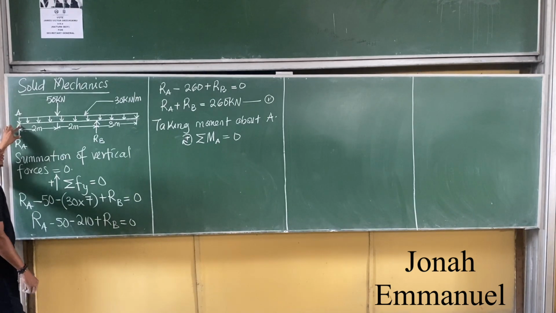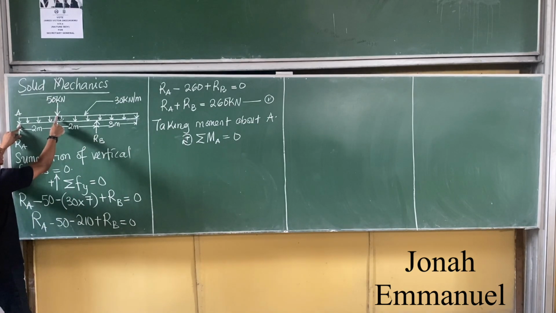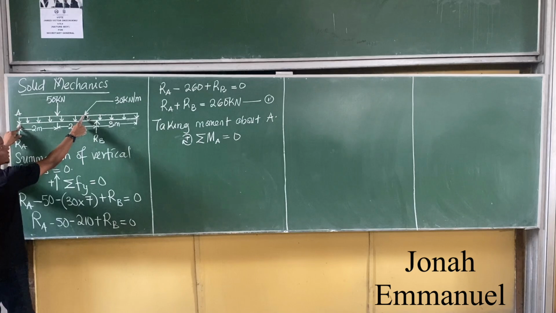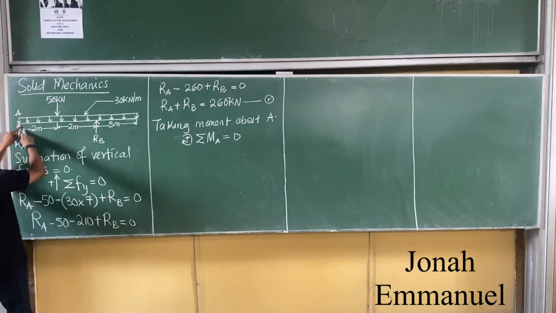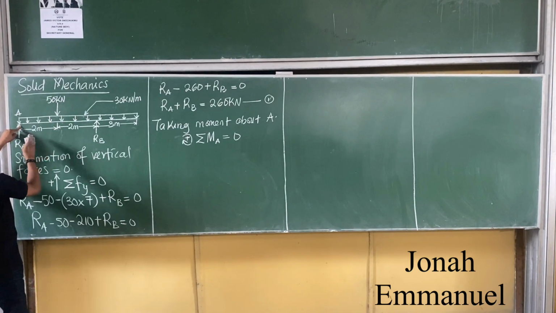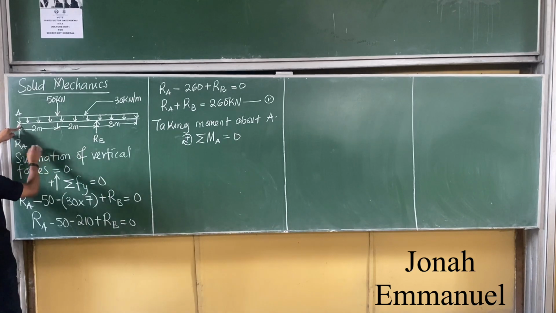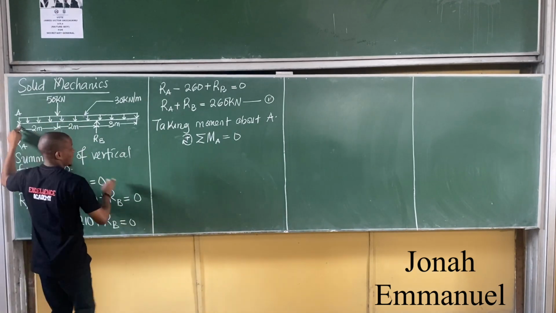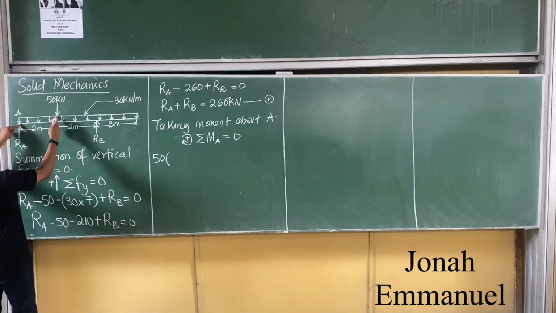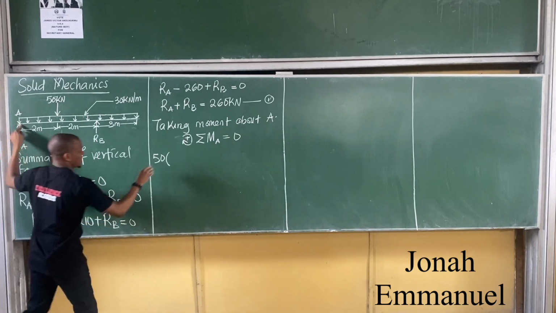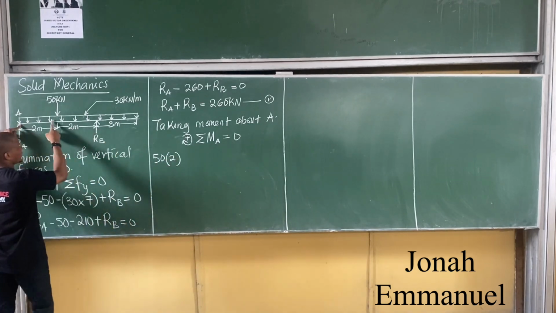So I'm left with just 3 forces: the point load here, 50, the UDL here, 30 kilonewtons per meter, and then RB. So I'm moving all of these forces to this point. This 50 is coming down this way, that's a clockwise motion. So it becomes 50 positive times the distance from 50 to here, 2 meters. So I'm having 2. I'm done with 50.